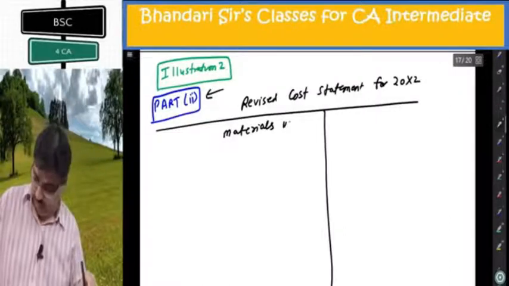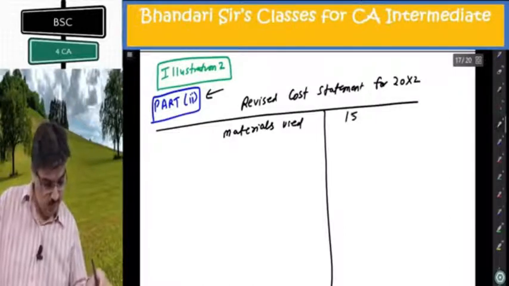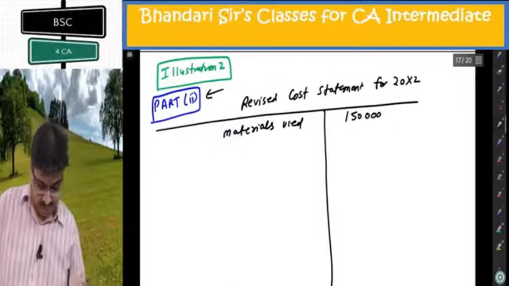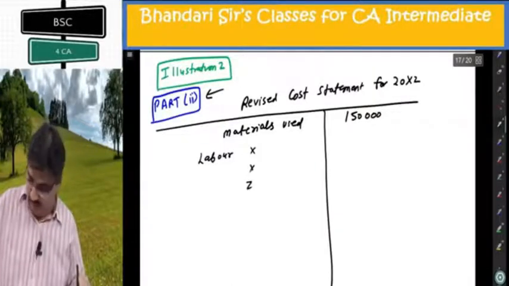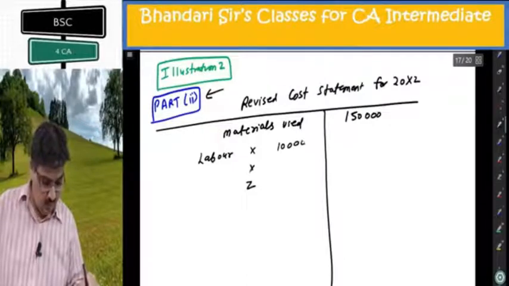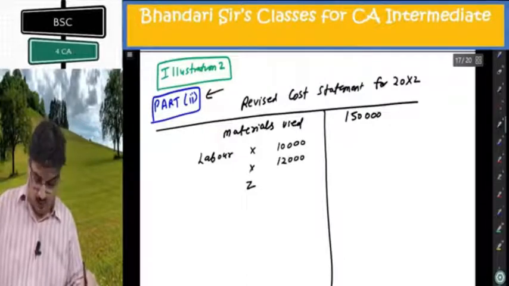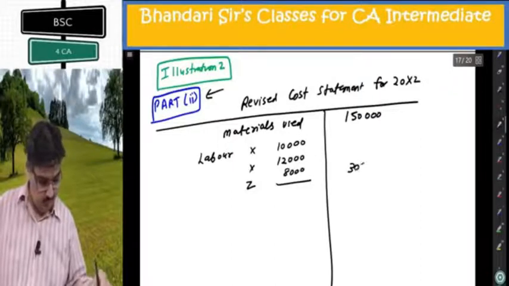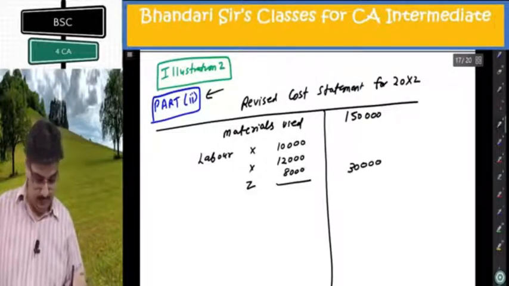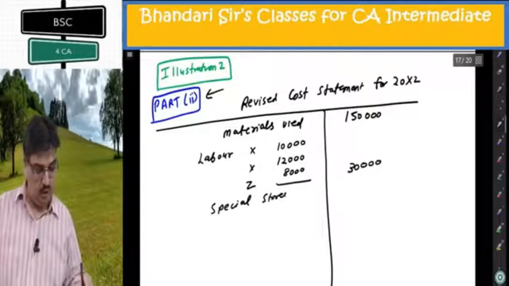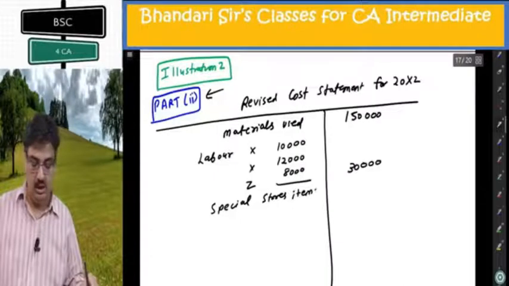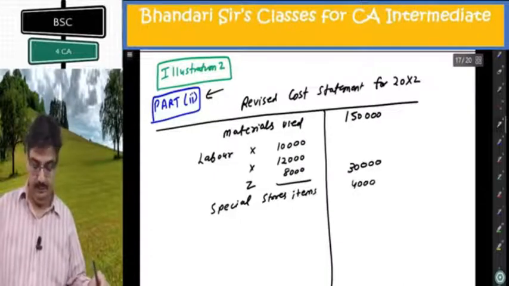Materials used 1,50,000. Labor XYZ 10,000, 12,000, 8,000. Total 30,000. Special stores items, it is like chargeable expenses 4,000.